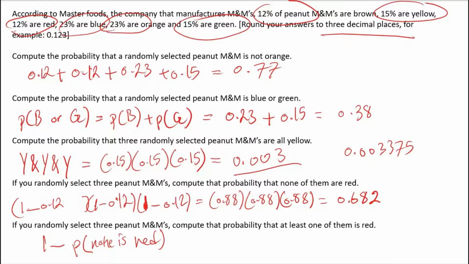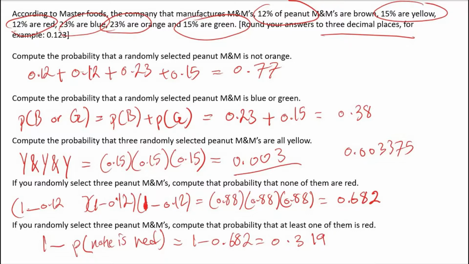The opposite of selecting none is red is selecting at least one is red. So to find that answer, you're going to say 1 minus 0.682, which is going to be equal to 0.319. So that is the probability that at least one of them is red out of the 3.